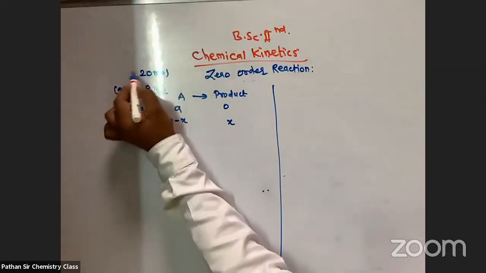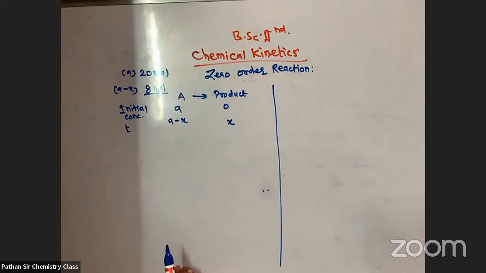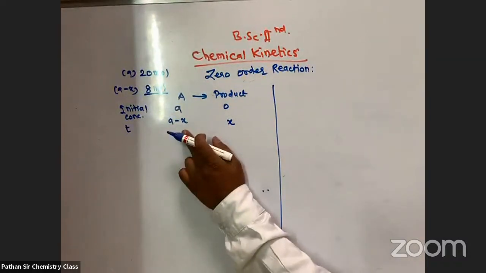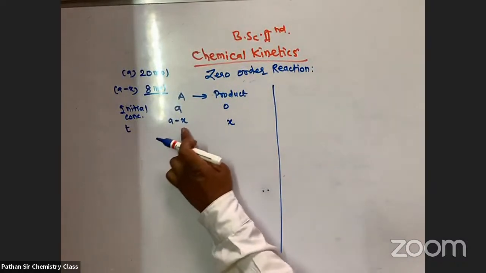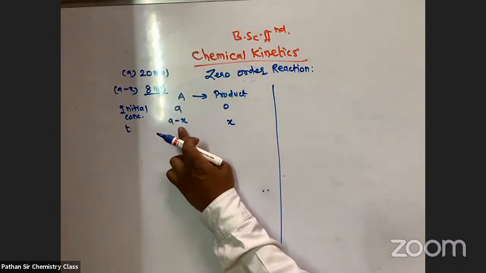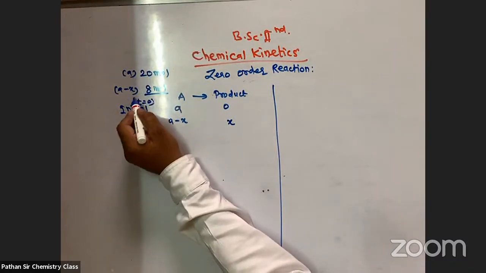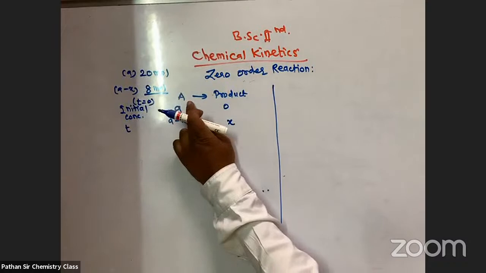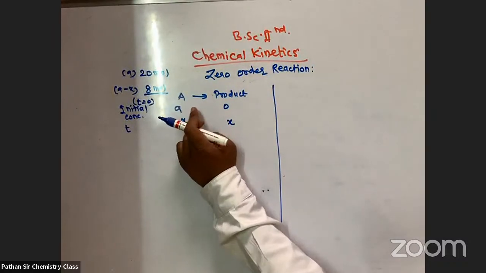So this 8 is a minus x and initial is a. So the remaining concentration of reactant A after some time t is a minus x, and the initial concentration, that means when time was 0, the reactant is as it is, whatever amount was taken.